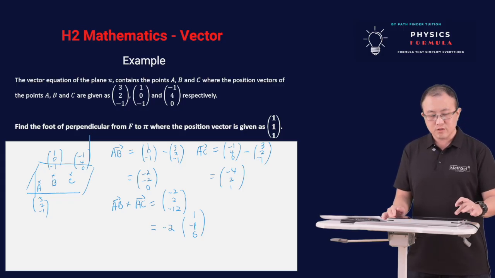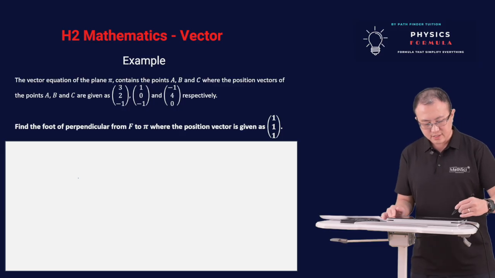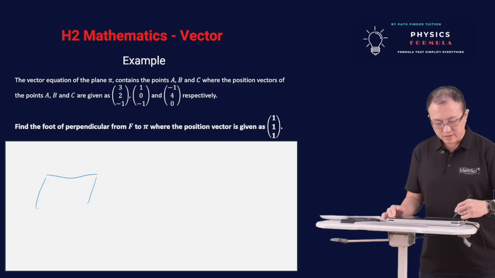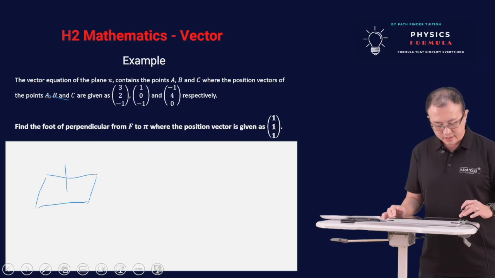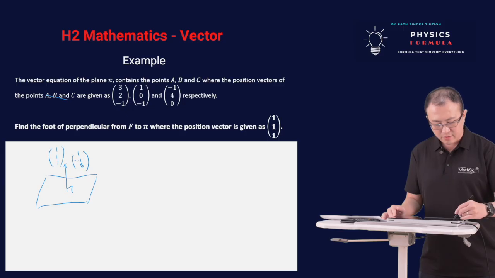Okay, let me use a new page to do this. So this is the plane, right? The normal vector is here, and previously found is 1, minus 1, 6. This is my normal vector. And point F is here, can be here, 1, 1, 1.